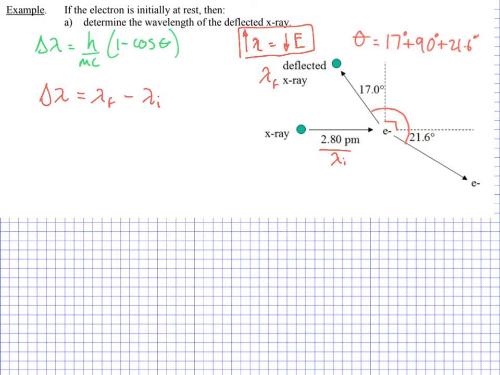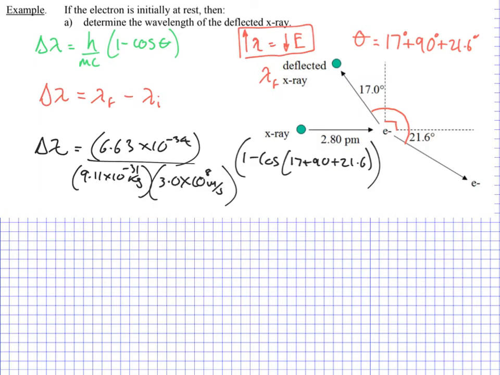So let's plug in what we know, and this should be pretty straightforward. We are going to get our delta lambda. We put in all our values, and we get to here. Notice that I'm using Planck's constant in joule seconds. For the mass, I'm using the mass of the electron involved in the collision, obviously the speed of light, and I've combined all of these angles in here.